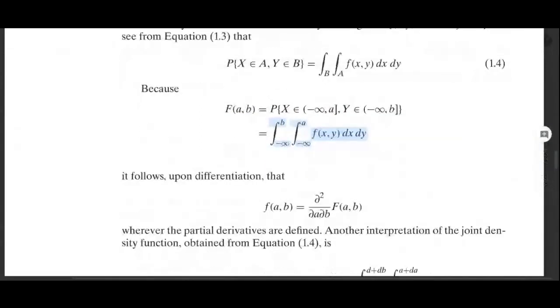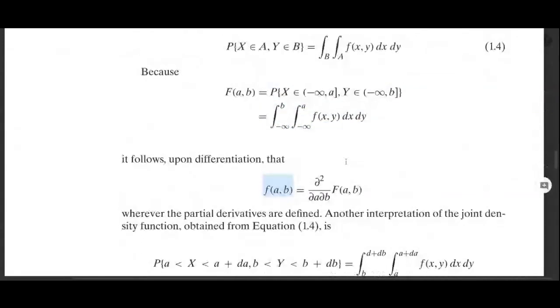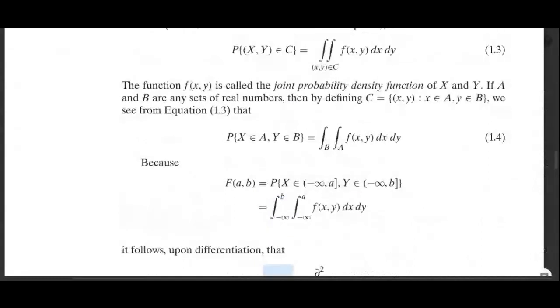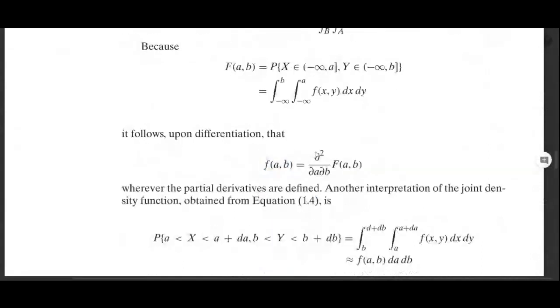Then it follows upon differentiation that the joint density function f(a, b) can be represented as the second derivative of this F(a, b).